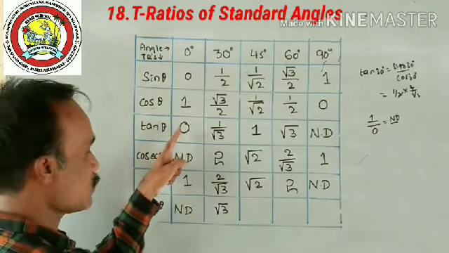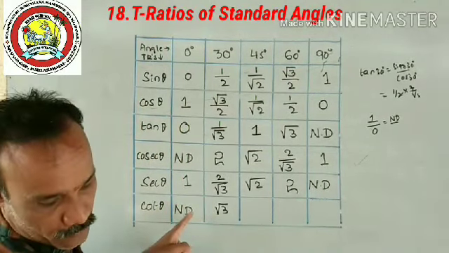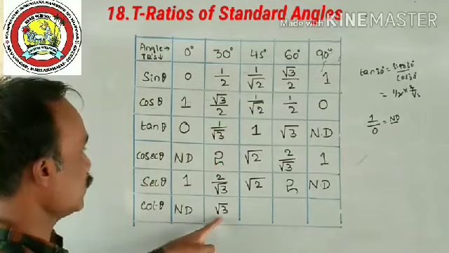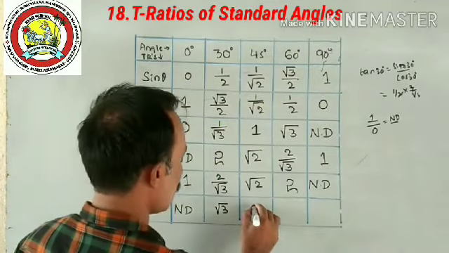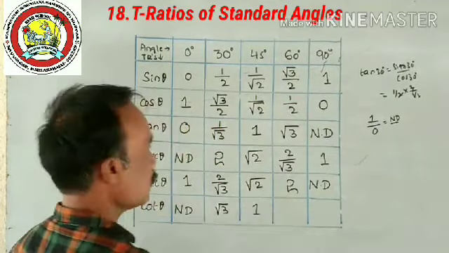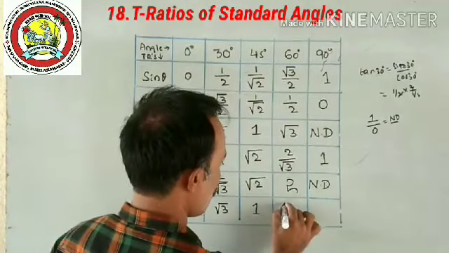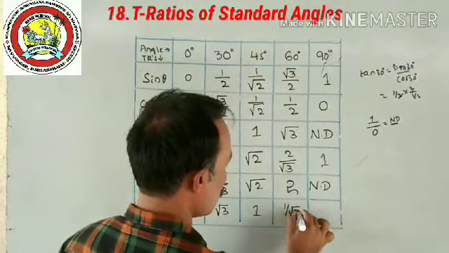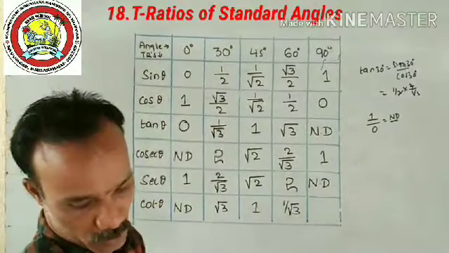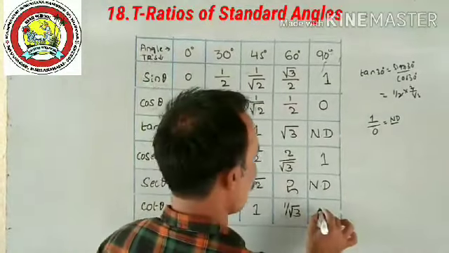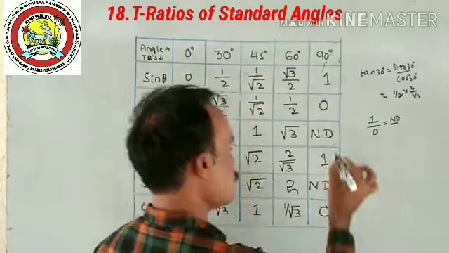Next, cot 45 is 1 by 1, which is 1. Next, tan 60 is root 3, reciprocal, 1 divided by root 3. Then finally cot 90 is 1 by tan 90, 1 by not defined, and its value is 0.